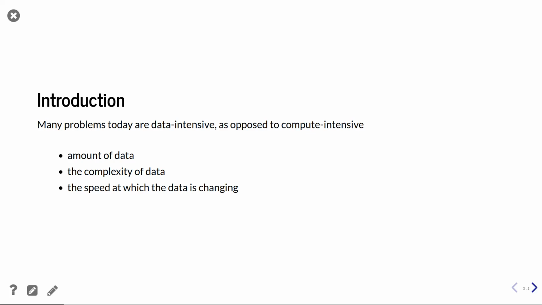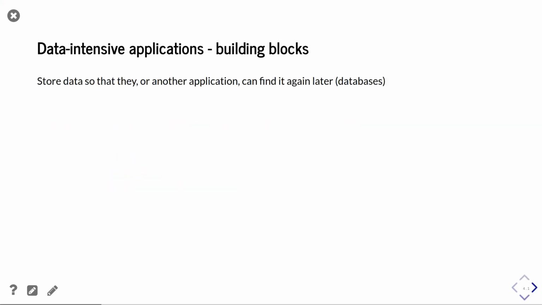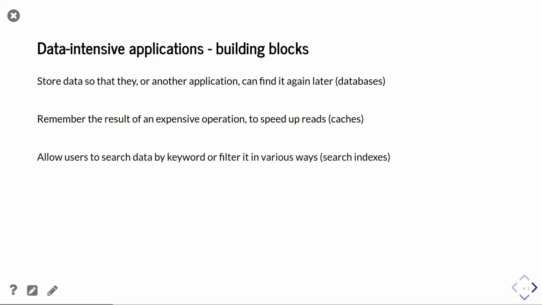But first, let's look at some of the building blocks that are commonly used in data-intensive applications. You might be familiar with databases. They are used to store data so that the database or another application can find that data again later. Caches, which remember the result of an expensive operation, and this helps us to read the result much faster.